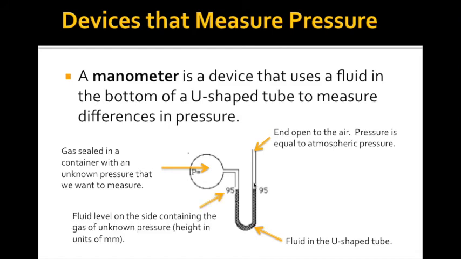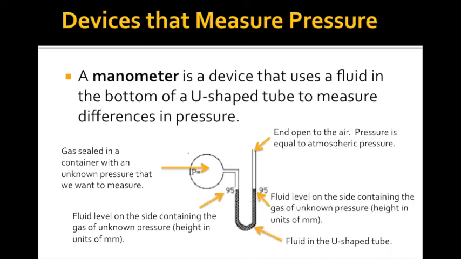And if you heat up the bulb, the pressure of the gas in the bulb is going to increase, and it's going to shove the liquid up the tube away from the bulb, and it's going to make an imbalance in that liquid mercury in the U-shaped part of the tube. And that difference in the height of the mercury column is what you'll use to actually calculate the pressure of the gas in the bulb.